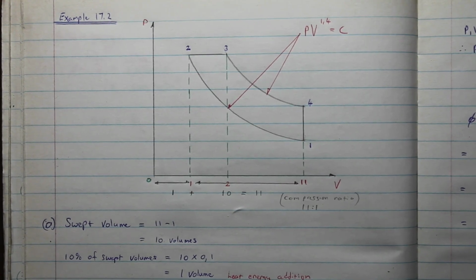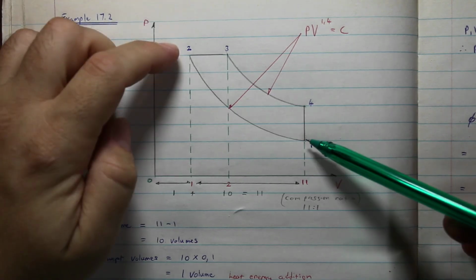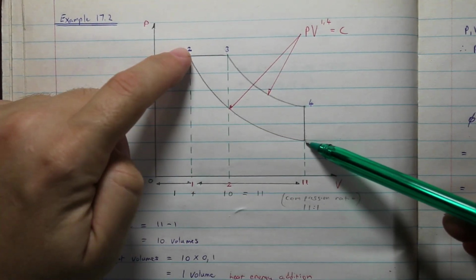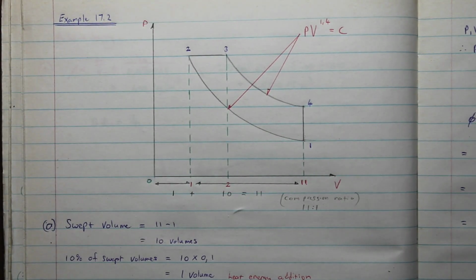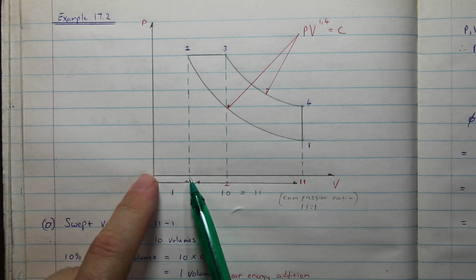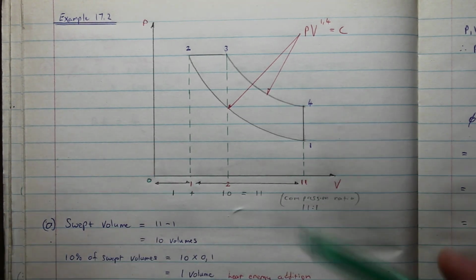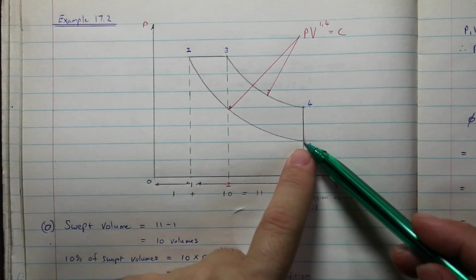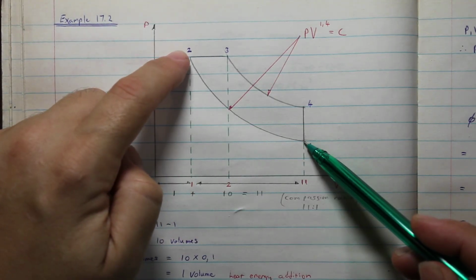So the swept volume. This is the swept volume from 0.1 to 0.2. And they told us that the compression ratio is 11:1. So how many volumes is it from 0.1 to 0.2?